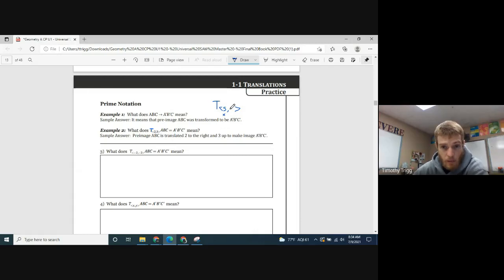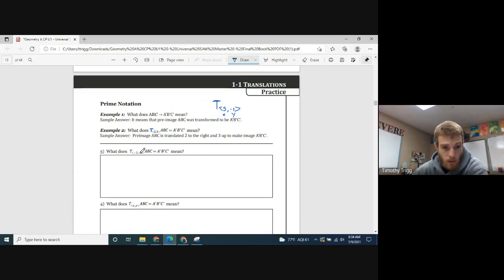And the second number, let's say it's a -1 or something, tells you how you're moving along the y. That's the key here. When you see this translation, these numbers tell you how you're going to translate the object. In this case, you would translate the object 5 to the right and 1 down. The first number tells you left or right and how much. The second number tells you up or down and how much.